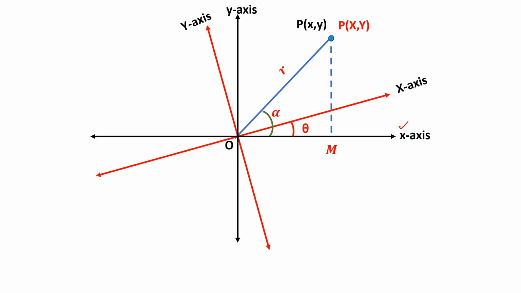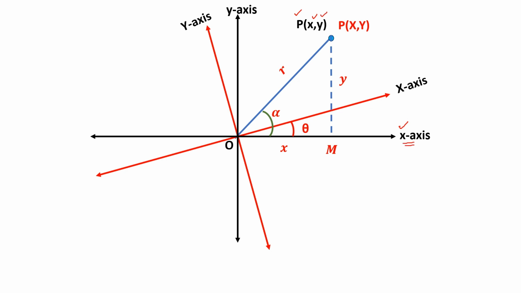Now in the right triangle OPM, OM is the base which is represented by small x and PM is the height or perpendicular which is represented by small y. These are the coordinates of point P according to the original set of axes.